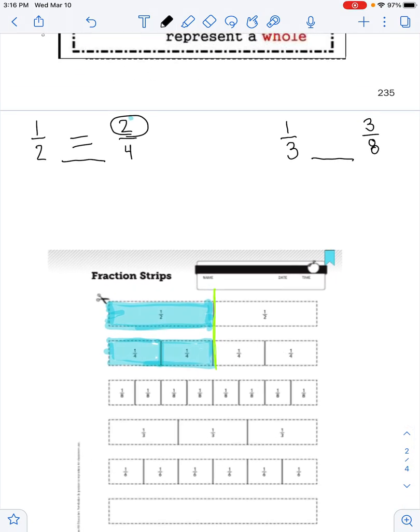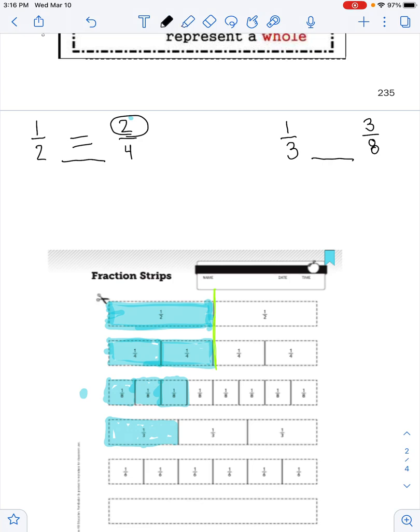Let's try another one. So 1/3. Where are my thirds? Okay, I see the thirds right here. If I just have 1/3, and what am I trying to compare it to? 3/8. Here's my eighths. Okay, so 1/8, 2/8, and 3/8. Ooh, this one's kind of close.